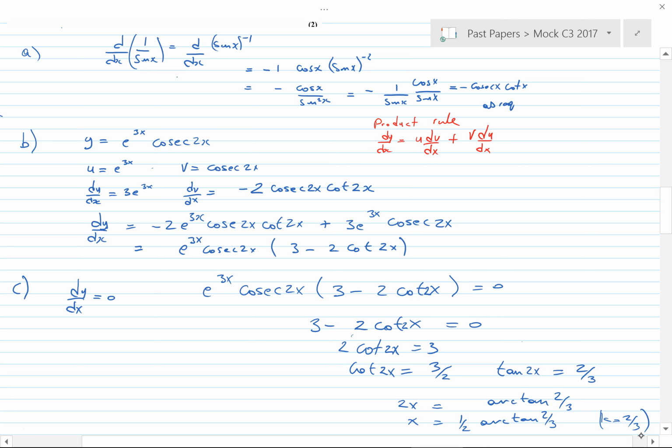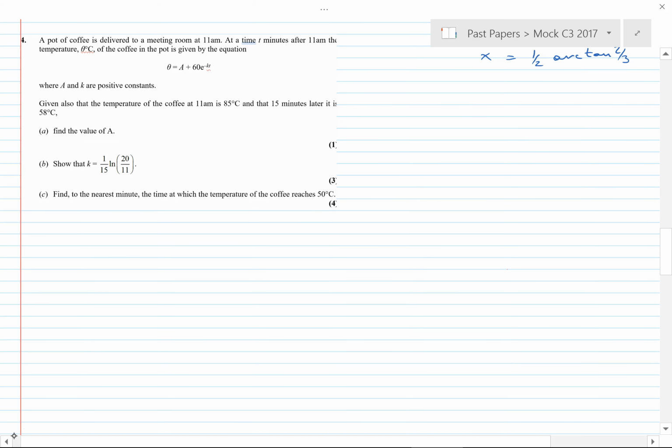Okay, so let's have a look at question 4. Okay, so this is a nice exponential and log question. Done pretty well by most people actually. The first part's a 1 mark question, so it's not going to be too much involved. It wants you to use the fact that at the start it's 85 degrees.